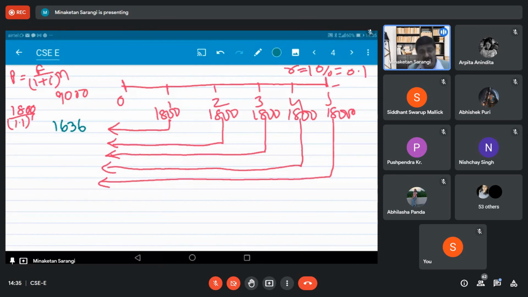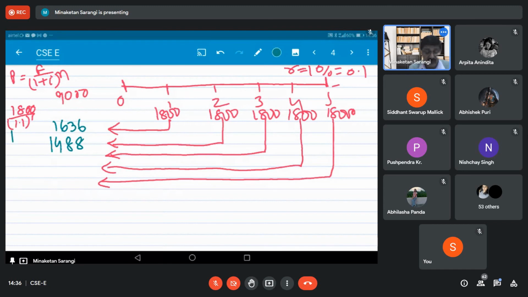For the second year, if you have to receive 1,800 after 2 years, how much do you have to pay right now? This will be 1.1 to the power 2, which is 1.21. So 1,800 divided by 1.21 is approximately 1,488.